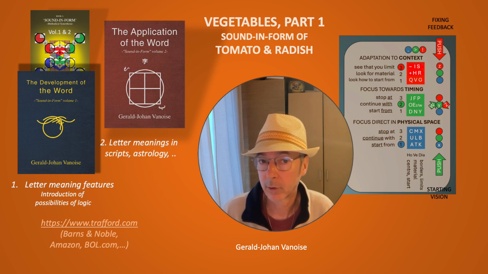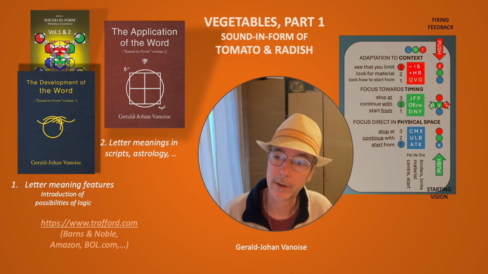Okay, next thing will be vegetables. That's very easy. The first thing that came into my mind was of course bean, which is one of the only words that everybody getting acquainted with my theory will be able to make.